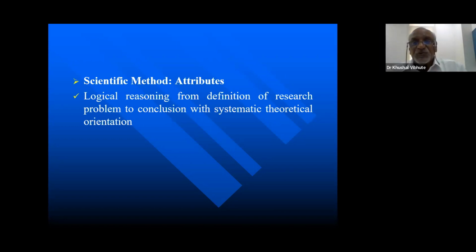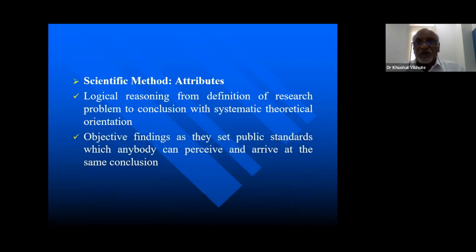That is the first attribute of scientific method. Second attribute is that you need to be objective. You have to be very, very objective when you look at the legal fact. The facts which you have collected, the inferences which you have drawn, you need to be very objective. That is the requirement of scientific method.